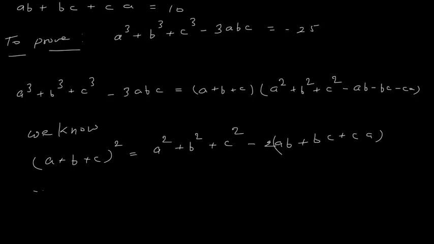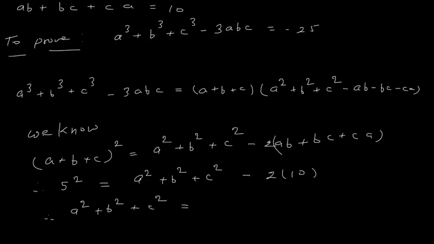Therefore 5 square is equal to a square plus b square plus c square minus 2 times (ab plus bc plus ca), which is 10. So a square plus b square plus c square will be equal to 25 plus 20, which is 45.